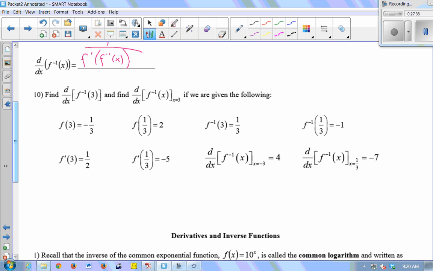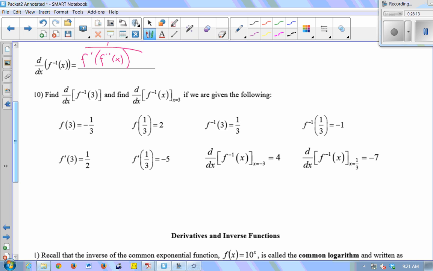What is f inverse of 3? Ignore the d dx. What does f inverse of 3 mean? It's the inverse of f. So this one, f inverse of 3, says find f inverse and plug 3 in, and take the derivative of it.